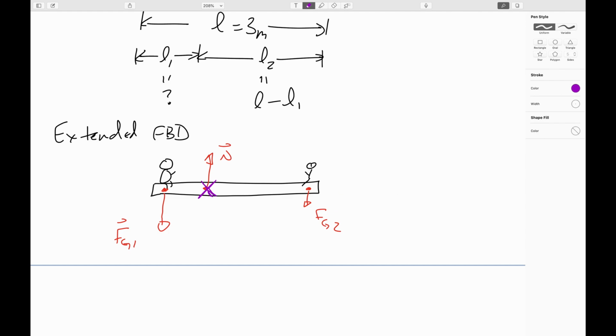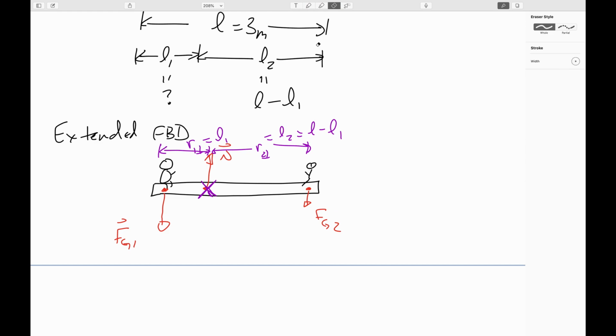So let's go ahead and dimension out our lever arms here. This is R1 perpendicular, that's equal to our L1, and this here is our R2 perpendicular. It's equal to L2, which is equal to L minus L1.